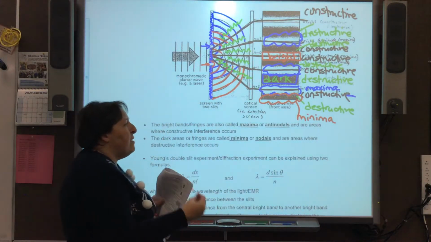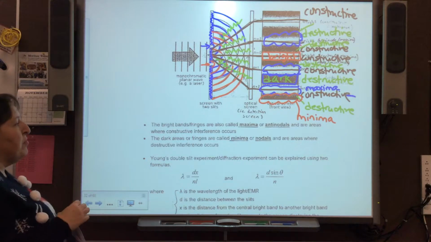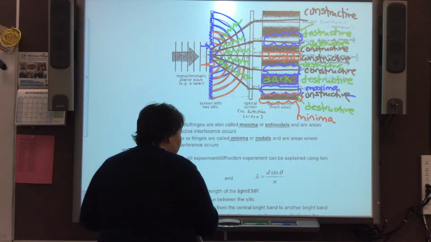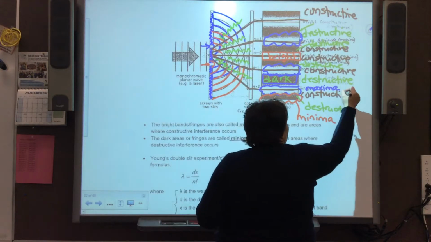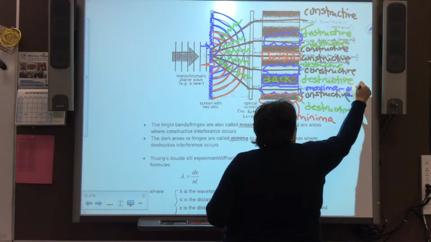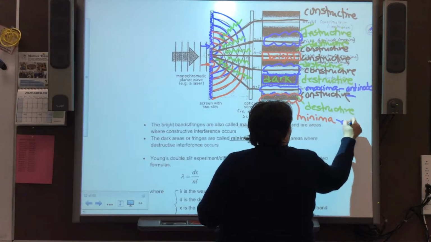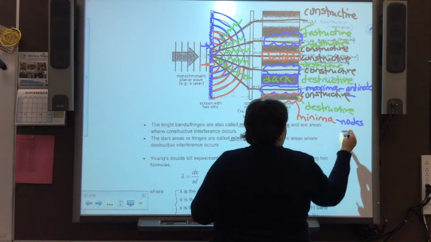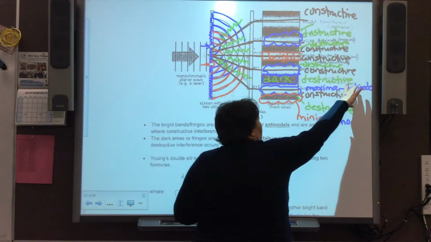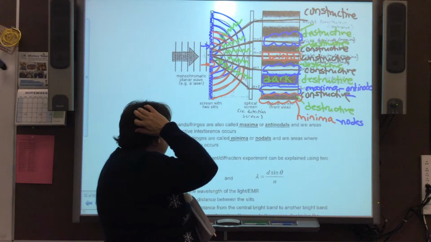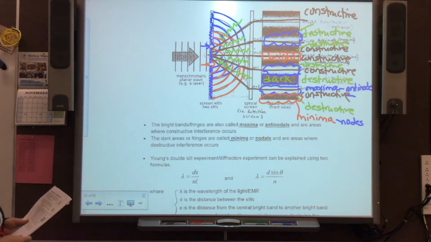You can think of it as maximum amount of light or minimum amount of light. They also have pseudonyms. We call these antinodes, and we call these nodes. These two words, antinodes and nodes, are going to become really important as we get further into this unit.